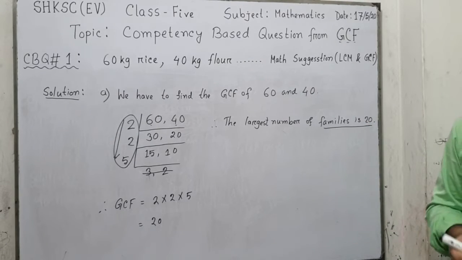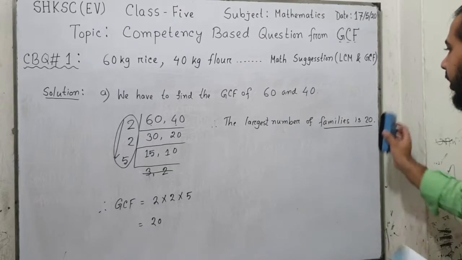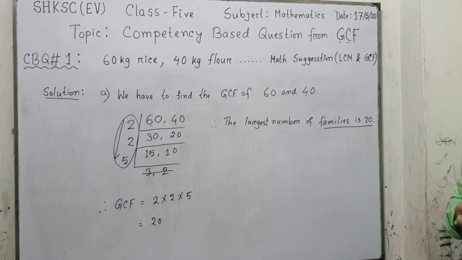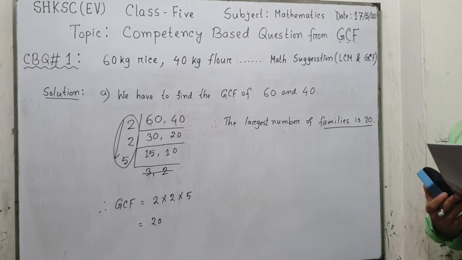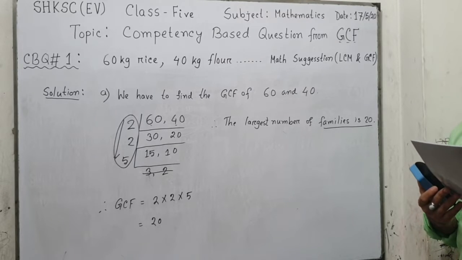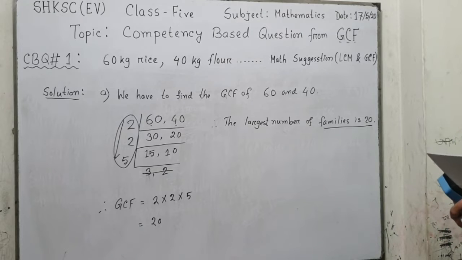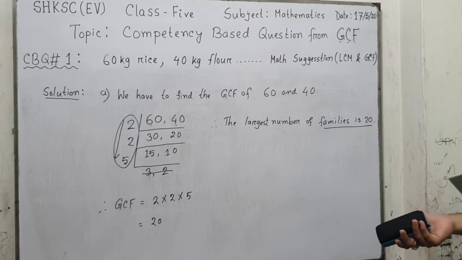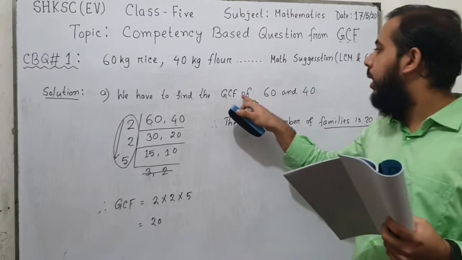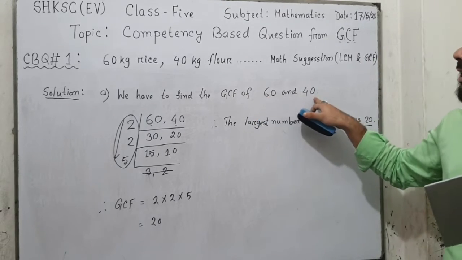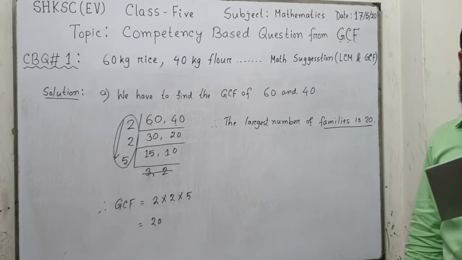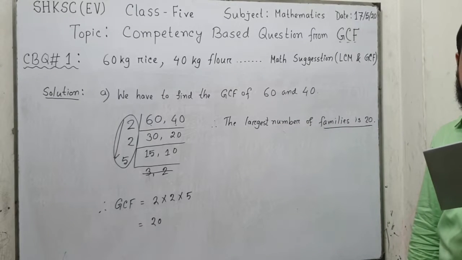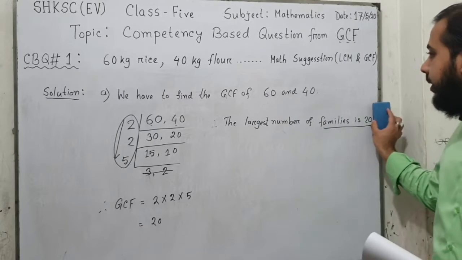Now we do question B. Let's read it. What is the largest number of families among whom rice, pulse and flour can be divided equally? Questions A and B are almost the same, but in A we took 2 quantities, rice and flour, and here we have to take all 3 quantities, rice, flour and pulse.